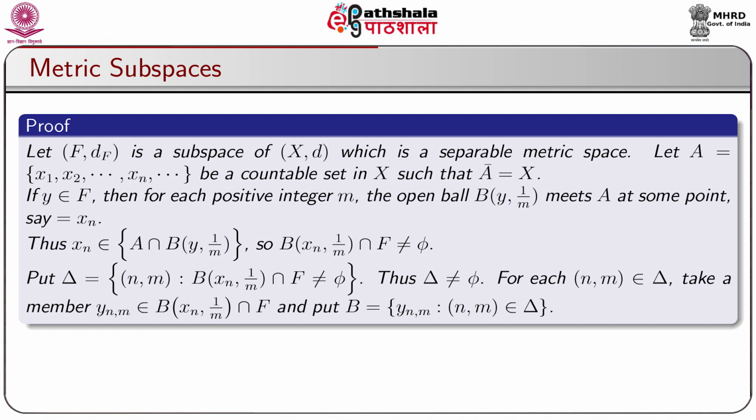Thus delta is non-empty. For each (n, m) belonging to the indexing set delta, take a member y_{n,m} belonging to the open ball centered at xn with radius 1/m which meets F, and put B equal to the collection of all such elements y_{n,m}, where (n, m) runs in delta, the indexing set.